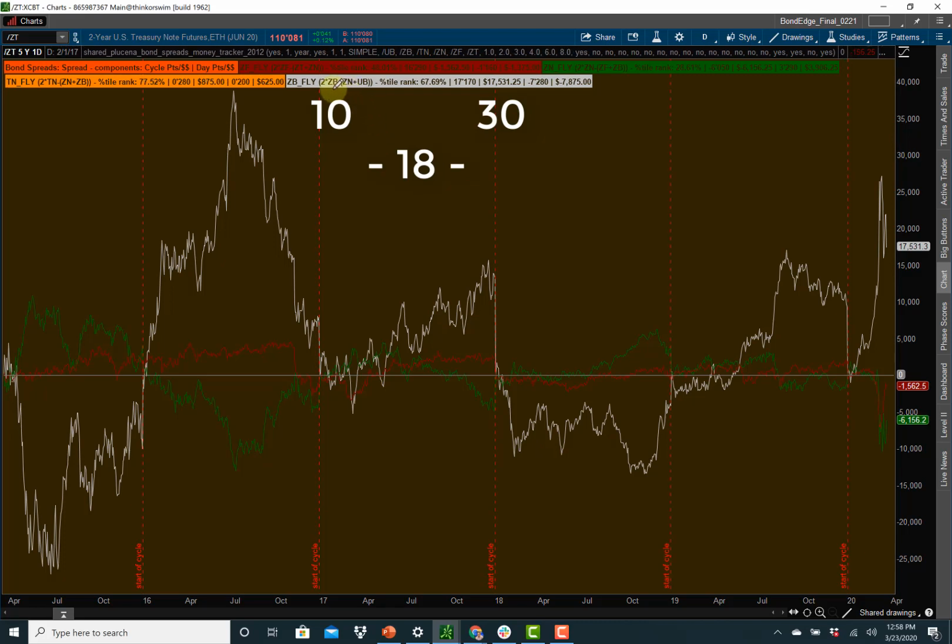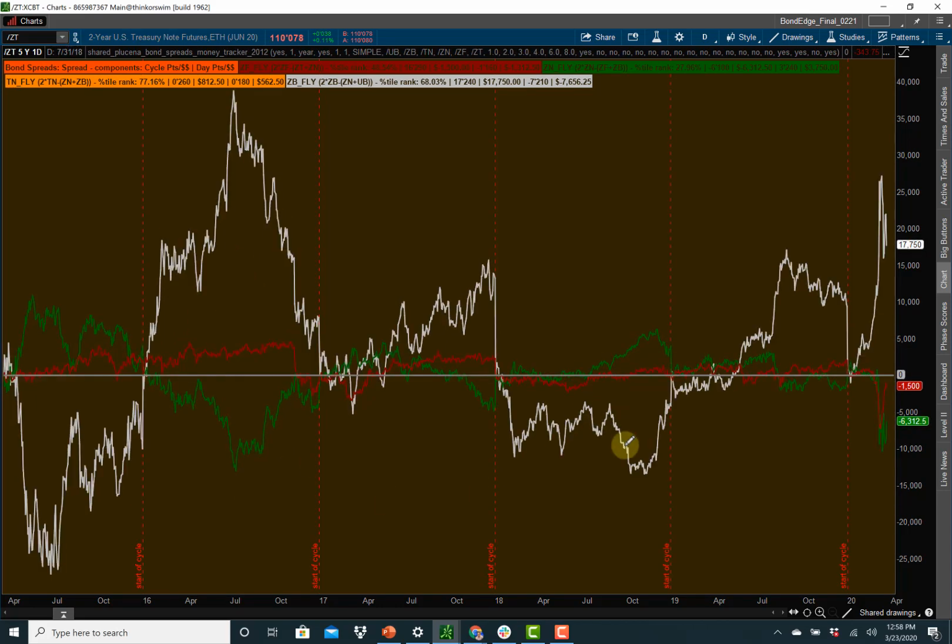So the 30-year bond future against the 10-year and against the ultra makes up the ZB butterfly. Going back, each year I did its own cycle, so you're analyzing just that year. In 2016, bonds got very expensive relative to ZF 5-year, the red, and the 10-year, green. You can see how it snapped back pretty quick.